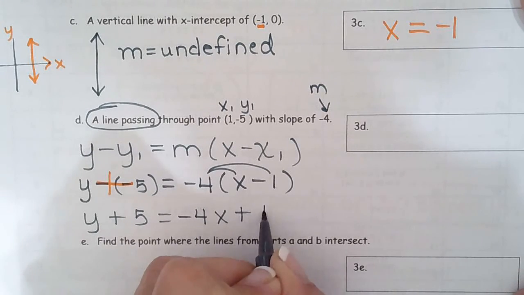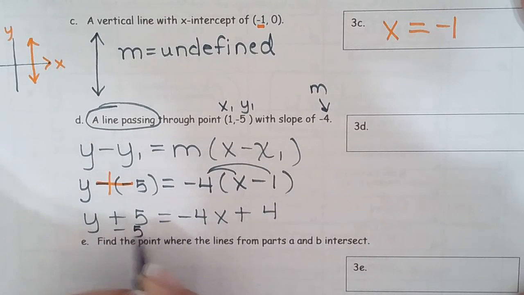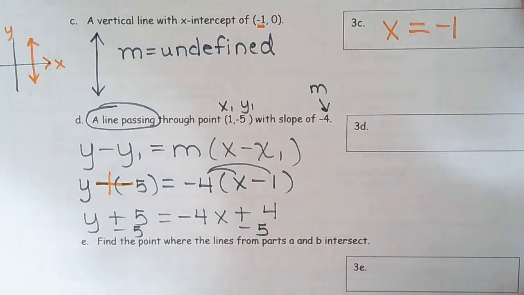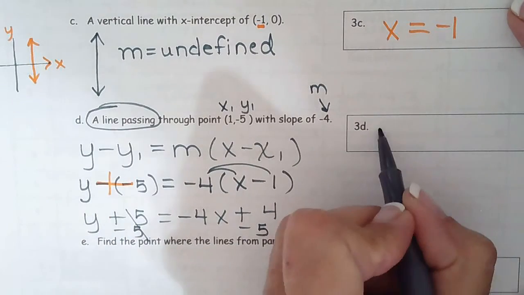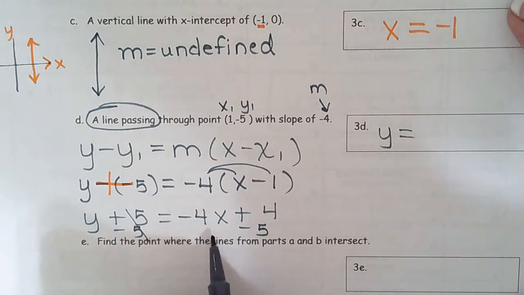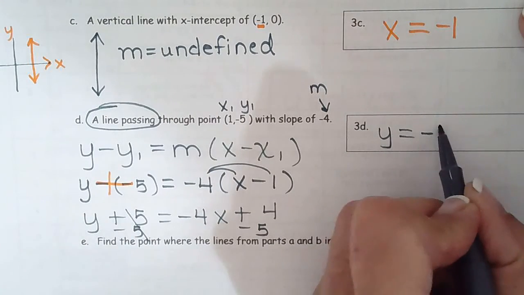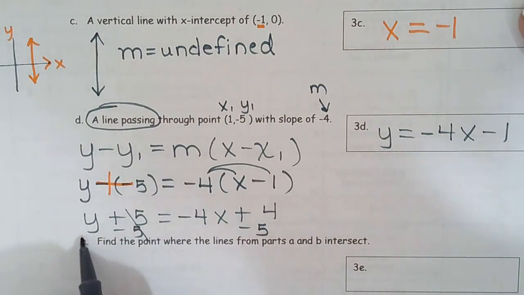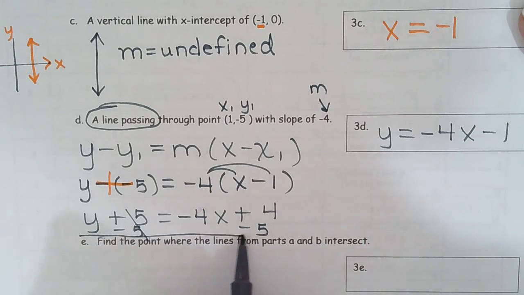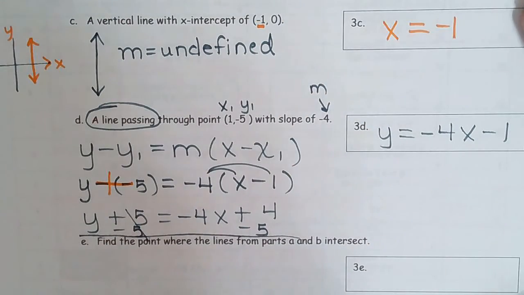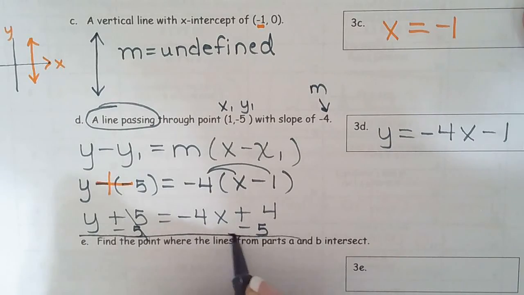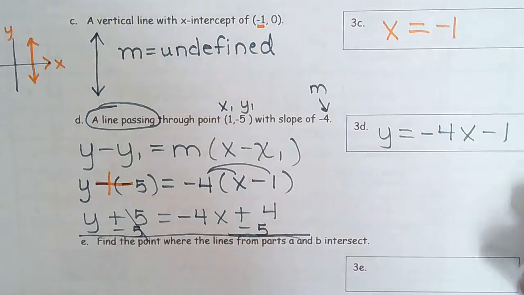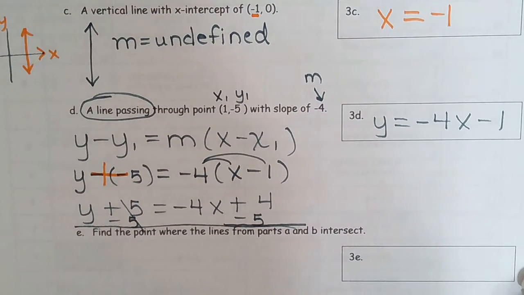And then the last step, subtract 5, subtract 5. And so we get y equals -4x and -1. 4 minus 5, -1. There we go. Nice, huh? So this is an easy page.